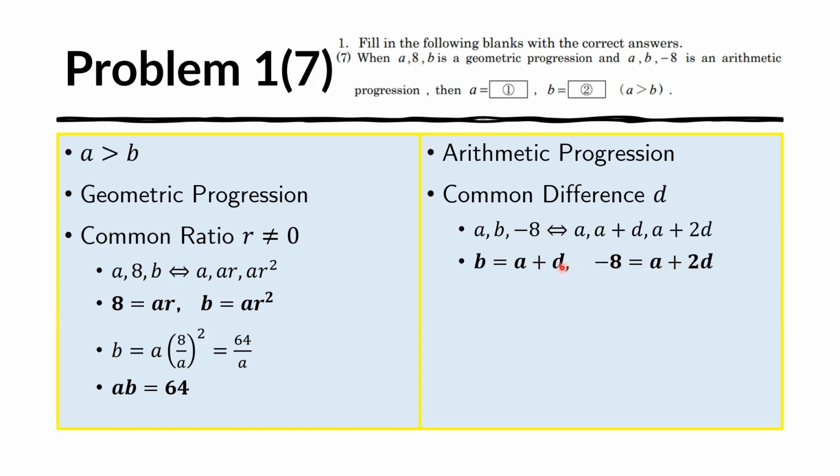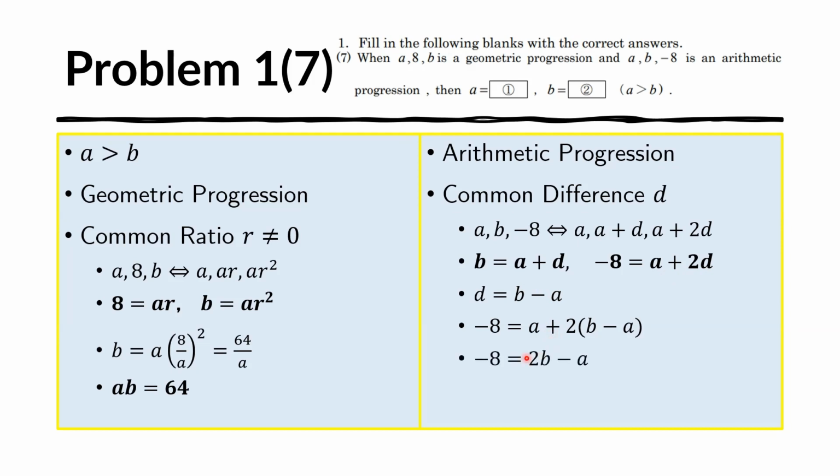And again, we just want to remove d because we're only interested in a and b. So d equals b minus a, and that's just from this bit here. We just subtract a from both sides. We get this. Now we replace the d here. So we get minus 8 equals a plus 2 times b minus a.